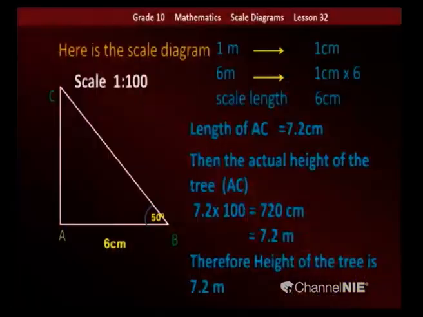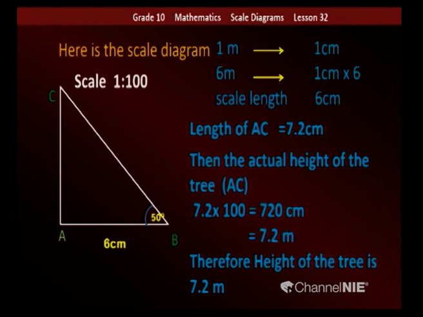scale, shall we draw the scale diagram? Okay, I have done it for you. Now, carefully observe. The scale is 1 to 100. First, what I have to do? I have to find the scale length for 6 meters.